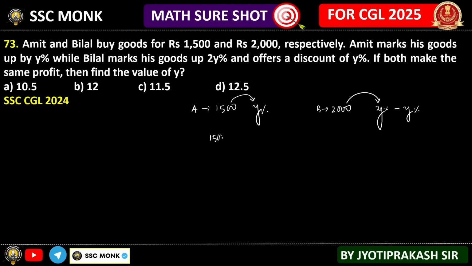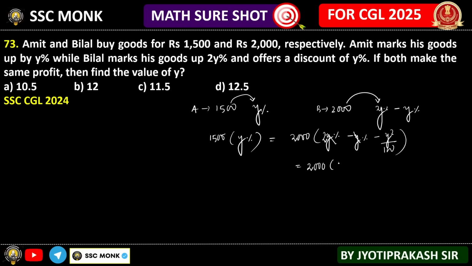Let's say 1,500 cost price, he marked up at y%. So he made this much profit, which is equal to 2,000 rupees. First increased by y%, then decreased by y%. Minus y into y square by 100%. This is what is happening. Sorry, this is increased by 2y%.